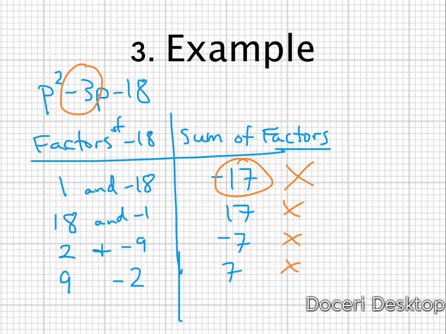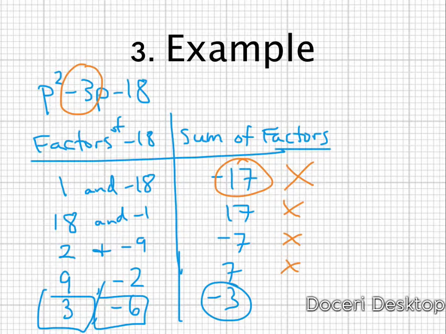So the next answer after 2 and 9 would be 3 and negative 6. 3 times negative 6 gives me negative 18. If I add them, hey look, I get negative 3. Since I get negative 3 here and negative 3 here, that means my numbers are 3 and negative 6.